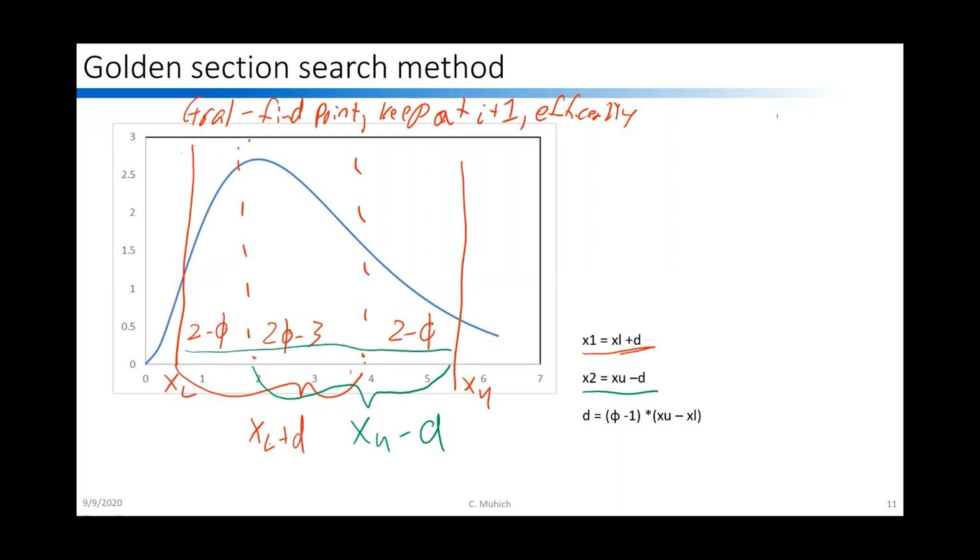So I'm going to call this point at roughly 4, x1, and I have that in red, and then this point down here is x2.